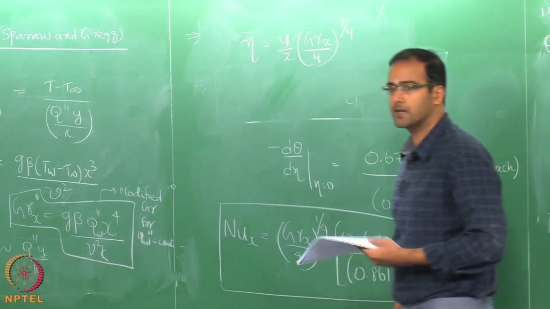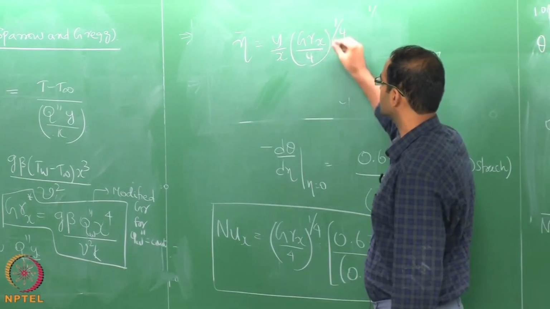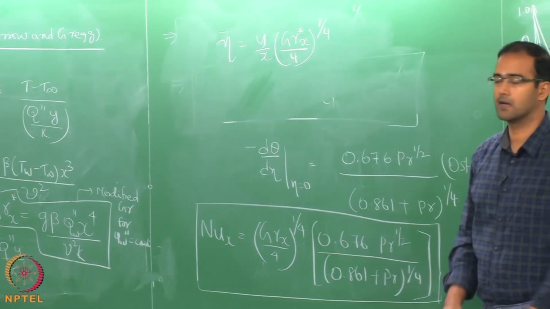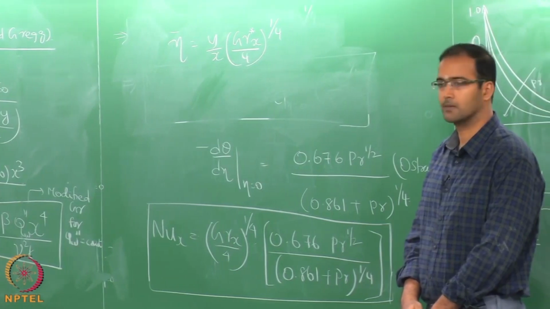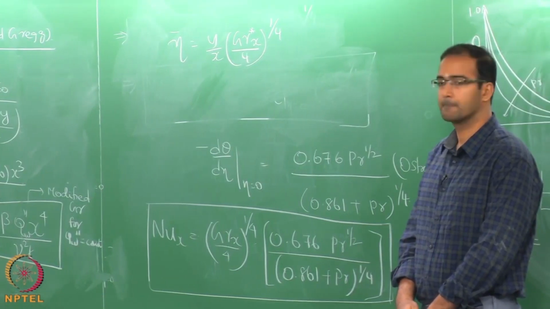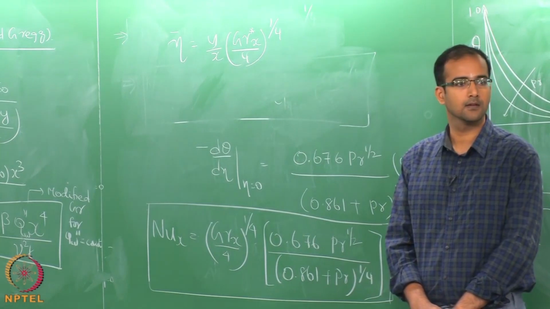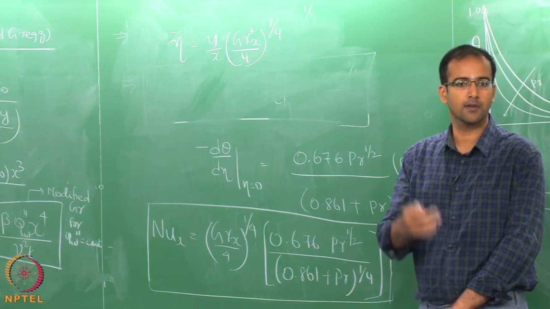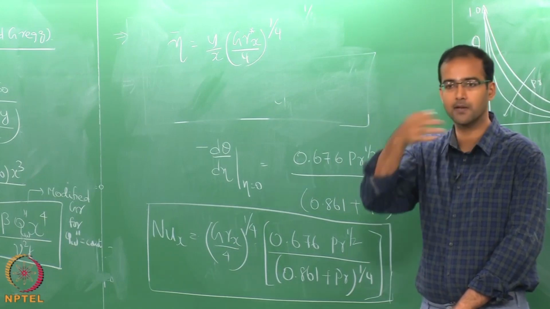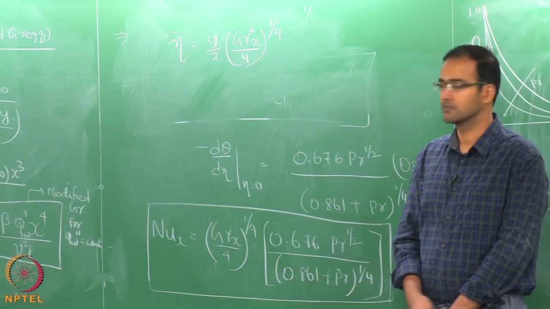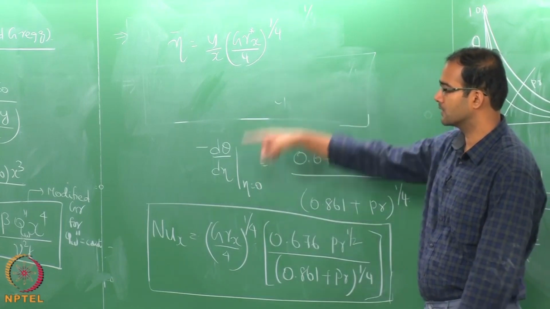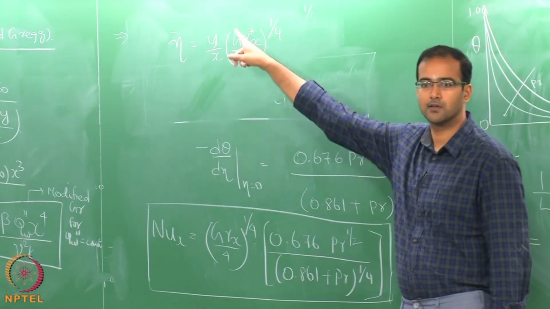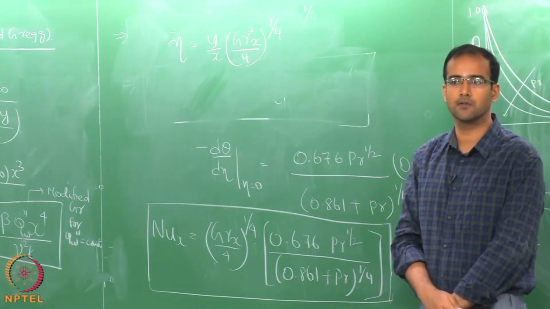Now, if you simply replace this normal Grashof number with Grashof number star, what happens to the similarity variable? It becomes constant times y. So, you will not find the correct similarity variable because there will not be any function of x. Your Grashof number star is x power 4, so x power 4 to the 1 by 4 is x, x cancels. So, you will have a similarity variable which is only a function of y, which is not possible.